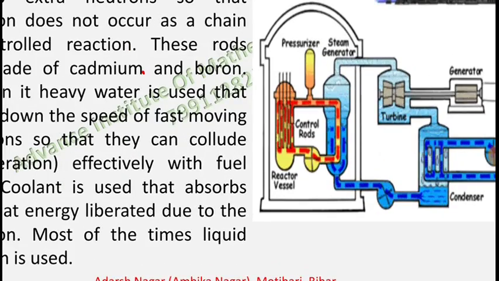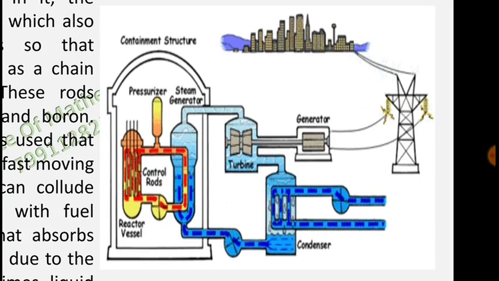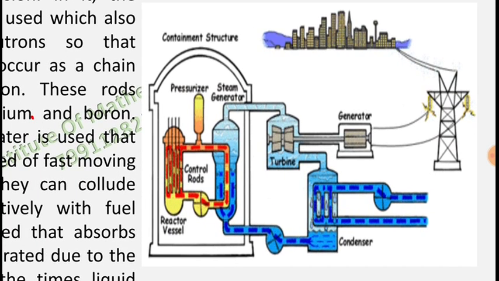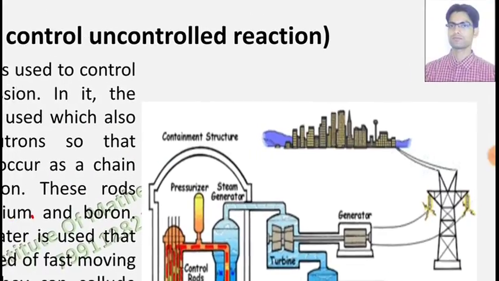Here we can see an image of a nuclear power plant. This is the setup. Here is the condensation. This is the containment structure. Here is a pressurizer. Here is the steam generator. Here we will get steam, and this steam will rotate the turbine.